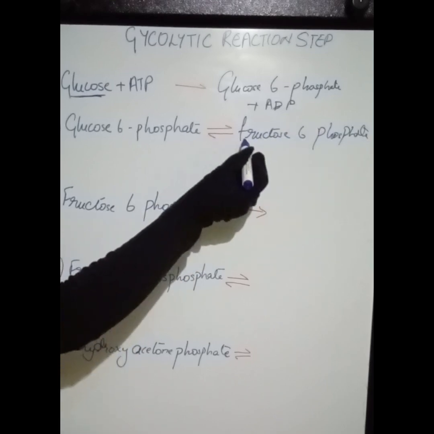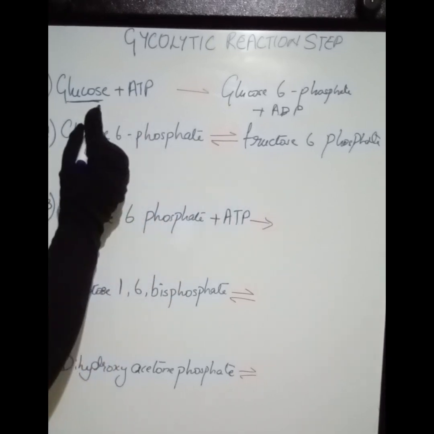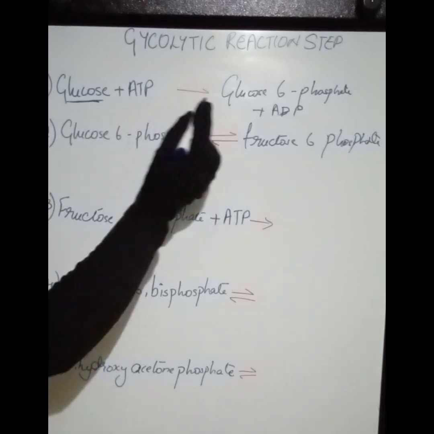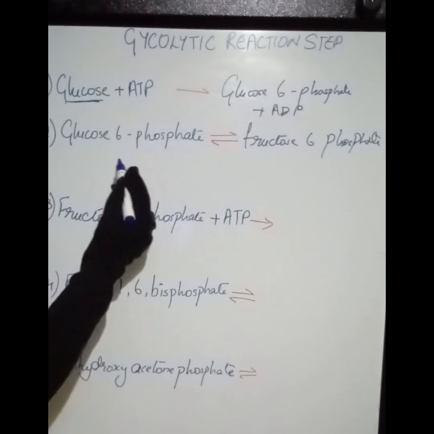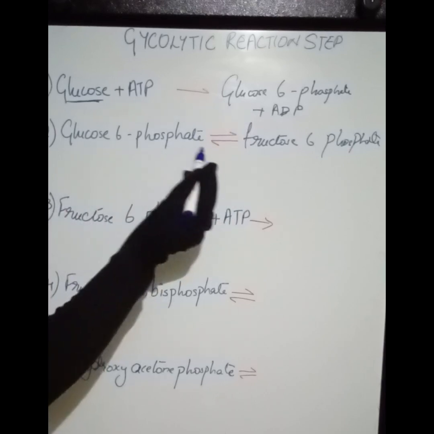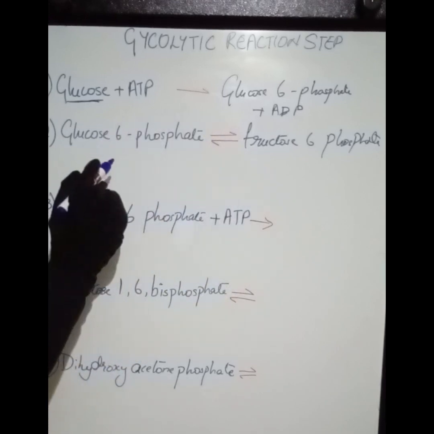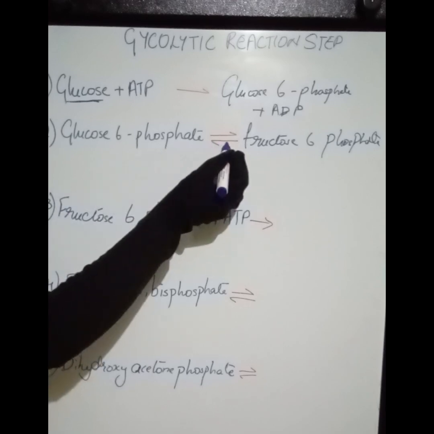Now, this is a reversible reaction. The first step is a unidirectional reaction, but the second reaction is bidirectional. That is, fructose 6-phosphate can get converted back to glucose 6-phosphate also. So you put a double-sided arrow.